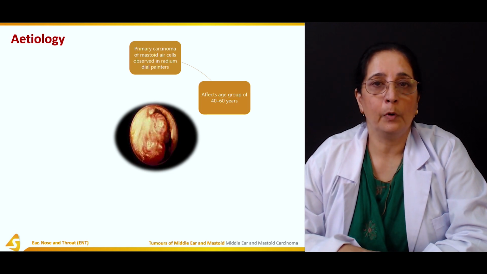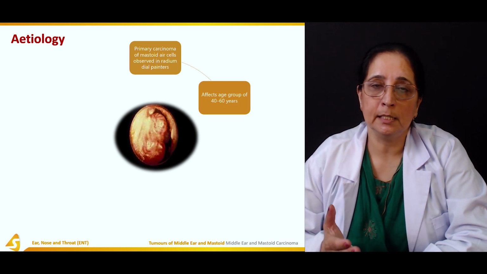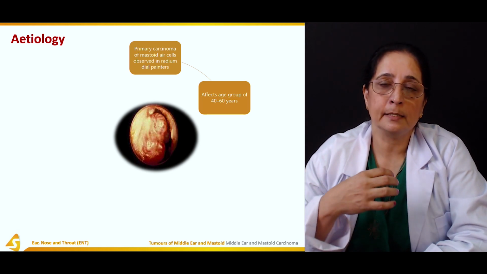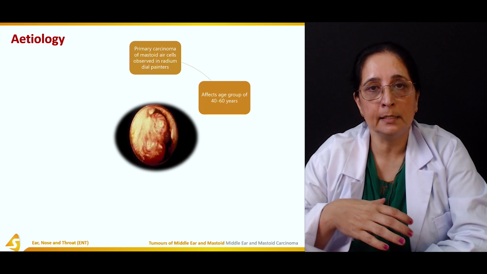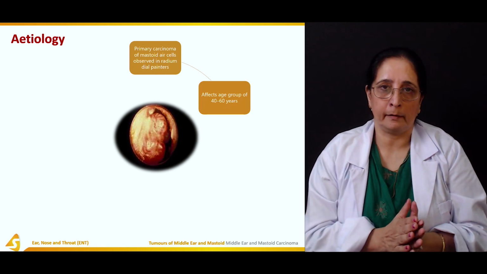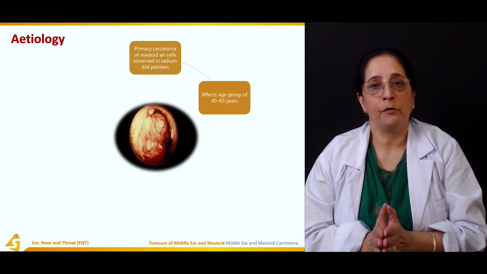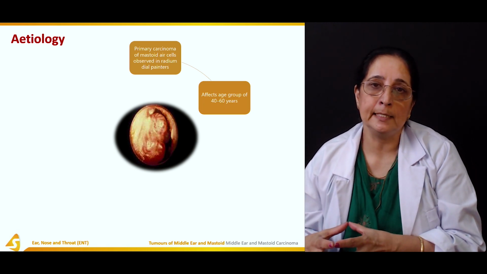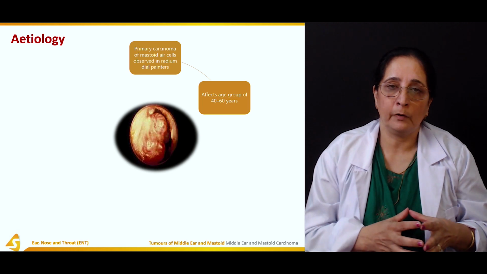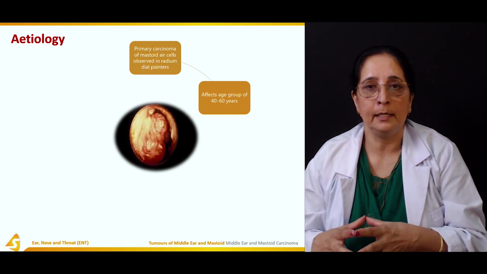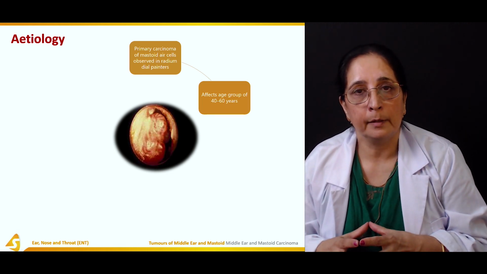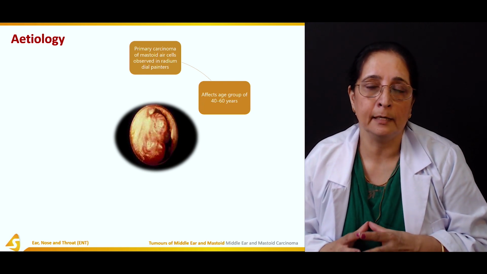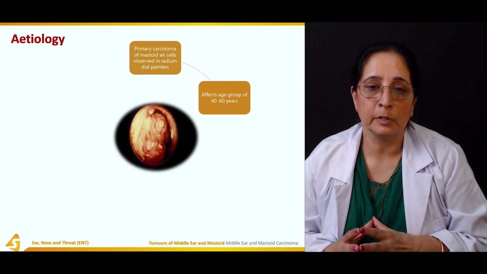It affects the age group of 40 to 60 years. As the glomus tumor, we said it affects mostly the females. The age group was roughly the same, we said 40 to 50 years. This is also 40 to 60 years of age. So age for the benign and the malignant primary tumors of the middle ear and mastoid is almost the same.